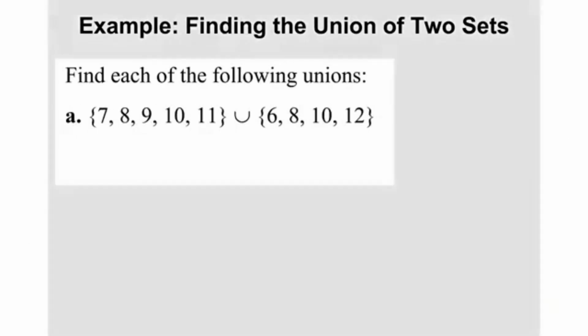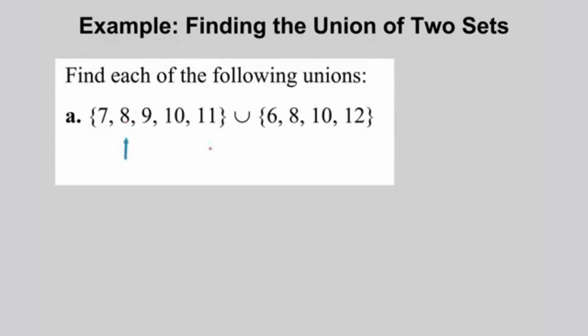To understand the definition of the union of two sets, we consider the following examples. Find each of the following unions. Given this set here and this set here, we want to find the union. When you say union, you just want to gather all distinct elements.